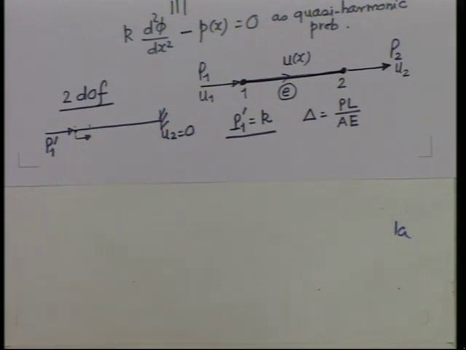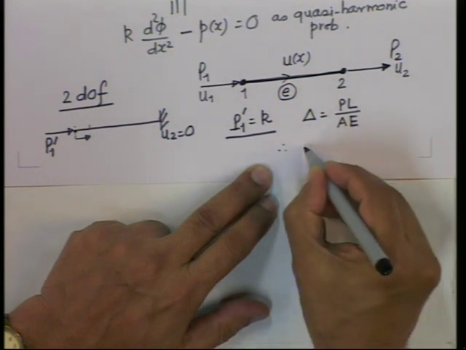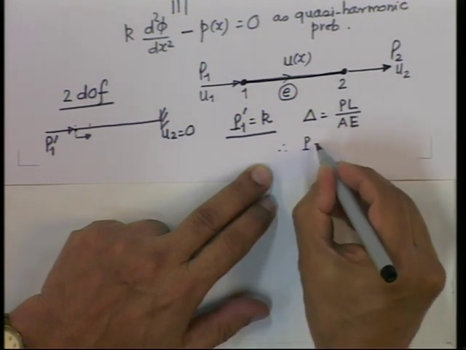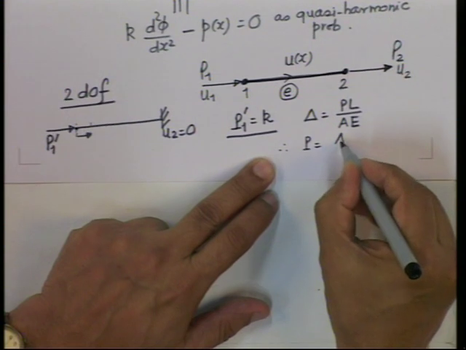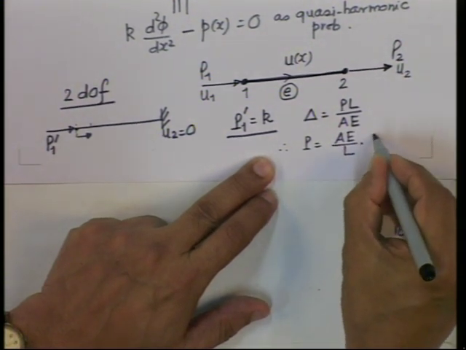P and delta can be related by A by L into delta.